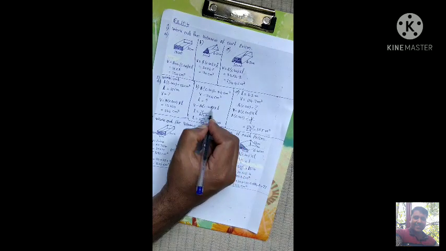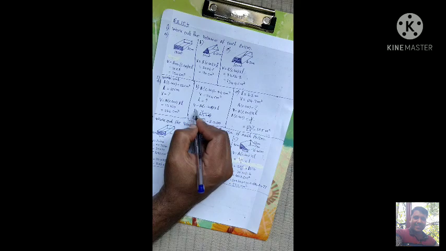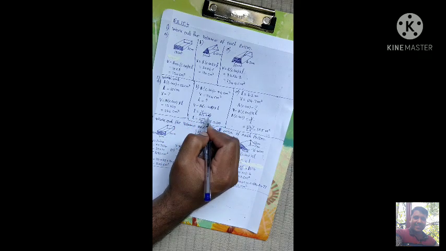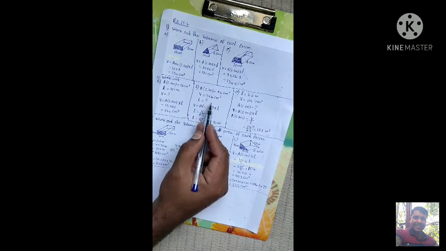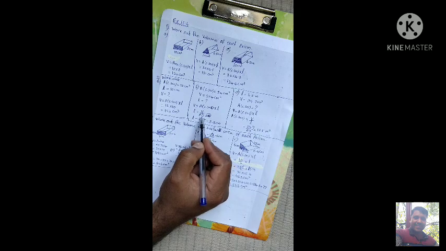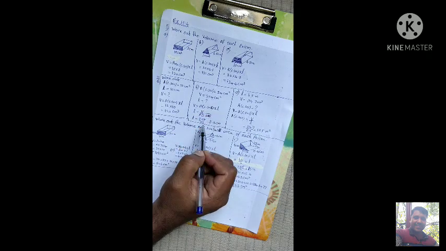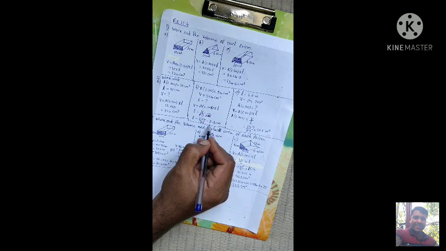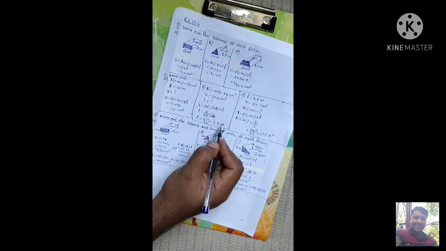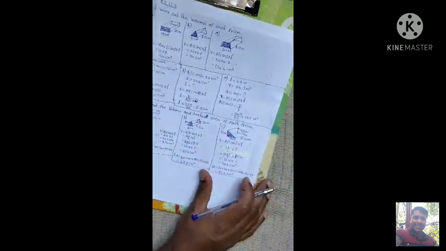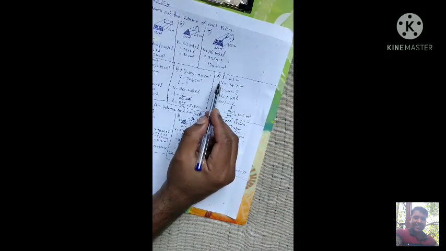Now substitute the values. L equals volume 204 divided by area of cross section 24. When you divide this, we get the answer 8.5 centimeter, because they are asking the length. So it is centimeter only. Okay guys, now we will go to the next sum.